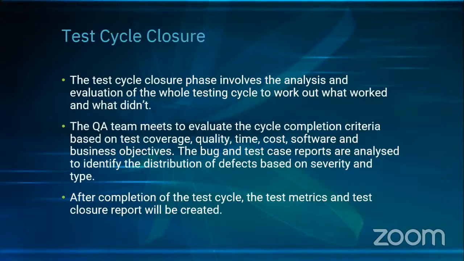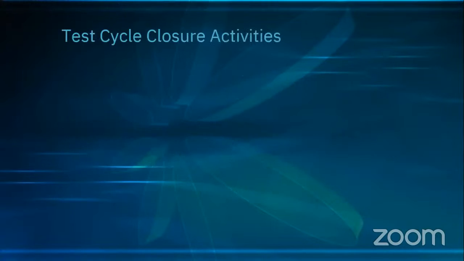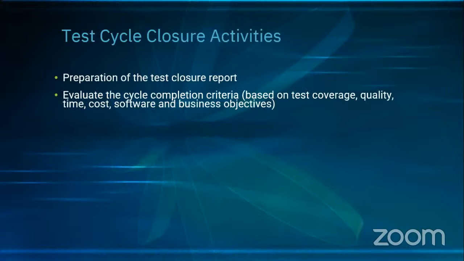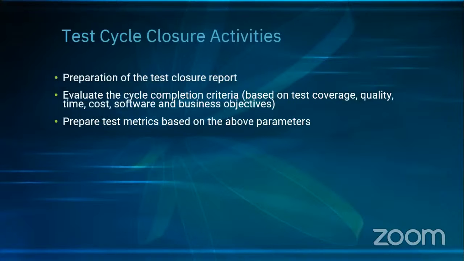TCR will be created. What are the test closure activities? Preparation of test closure reports, evaluating the cycle completion based on the coverage, quality, time, costs, all those. Then you prepare a test matrix based on all this.